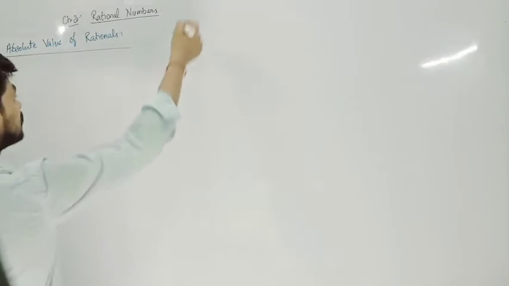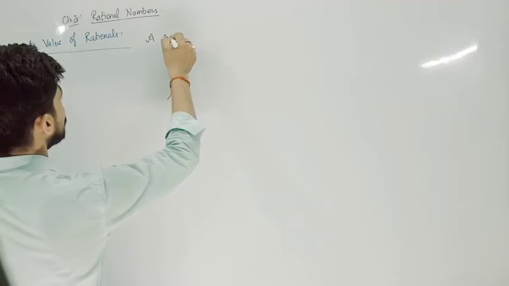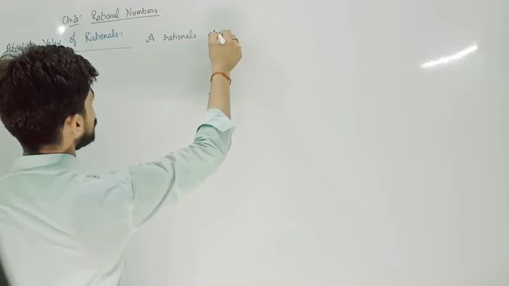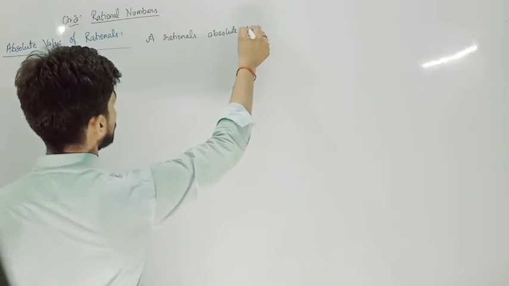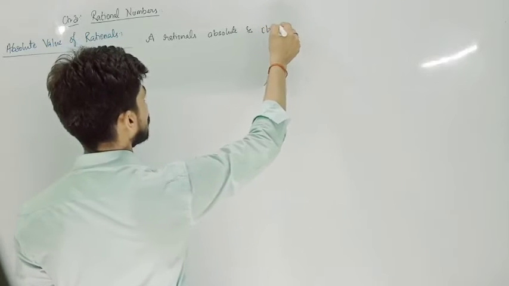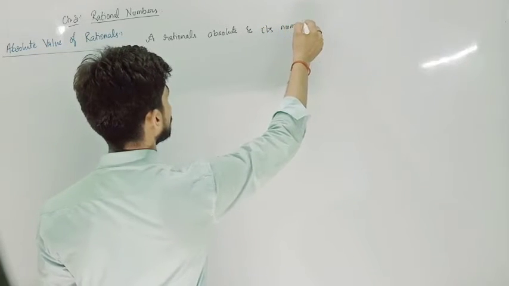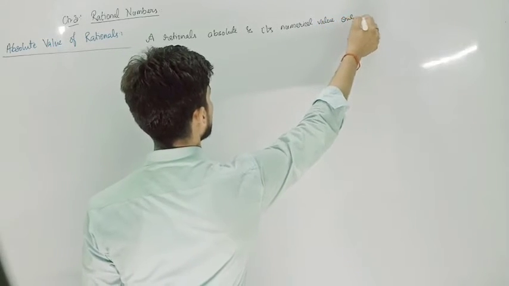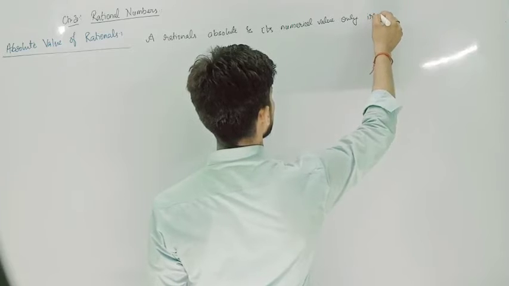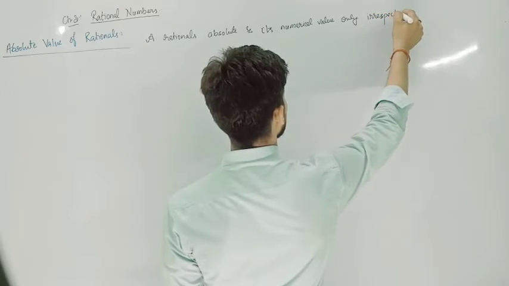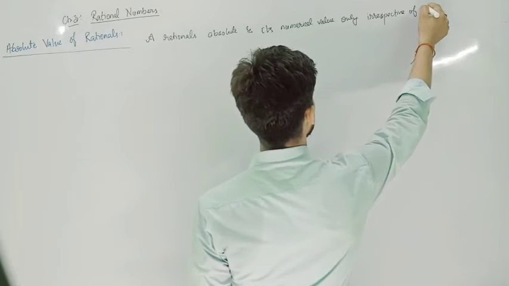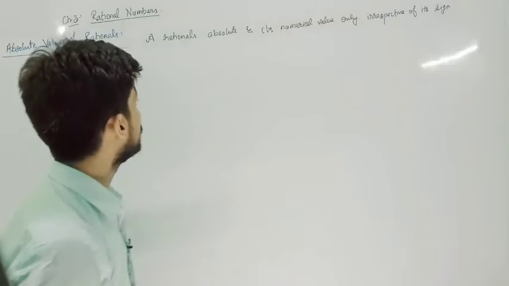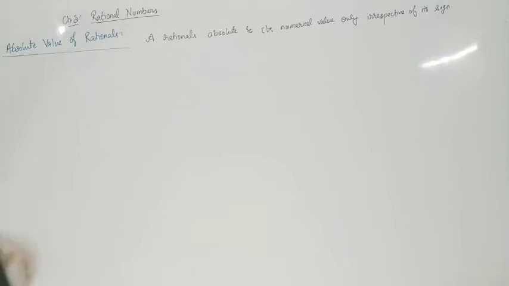So we can write that a rational number's absolute value is its numerical value only, irrespective of its sign. Whatever the sign is, we do not have to pay attention, we only have to say its numerical value.